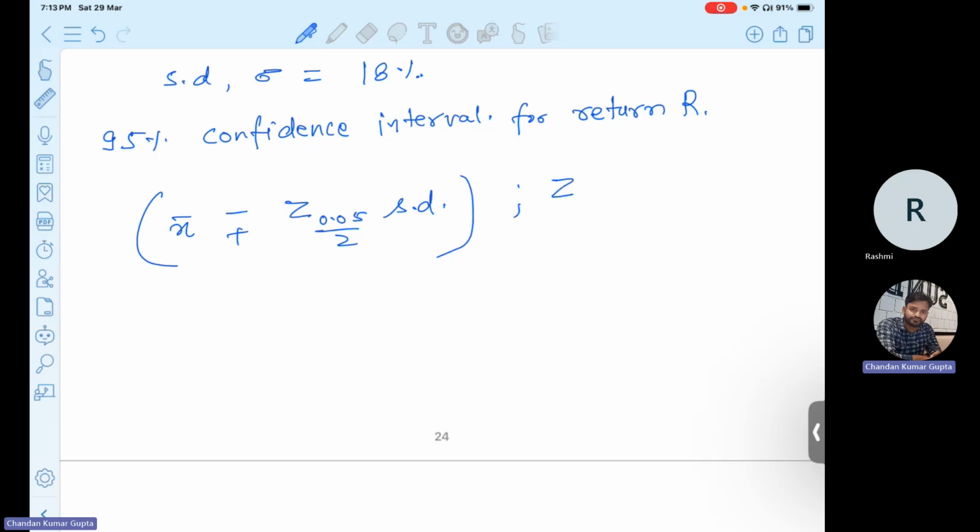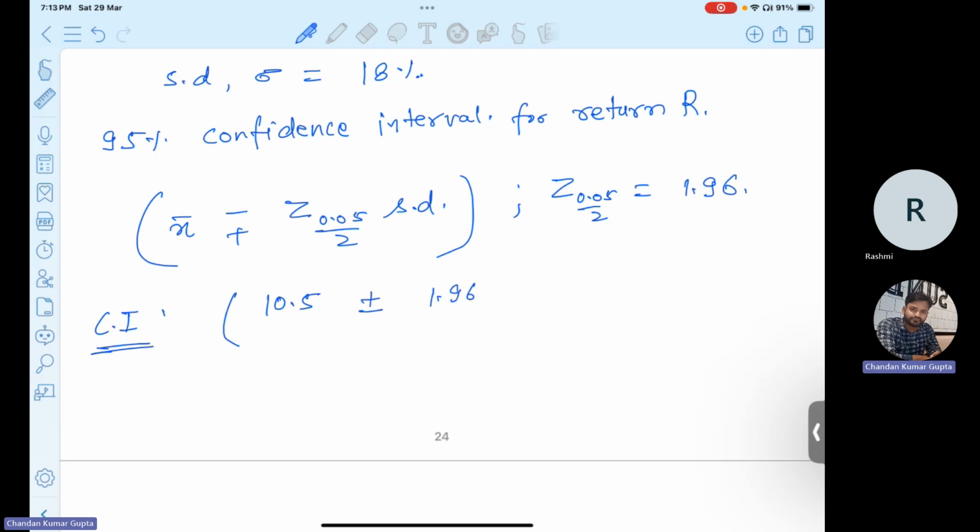Also z 0.05 by 2, the value of this is nothing but 1.96. At the 95% confidence level, the value of z is 1.96. These are already well known. So the confidence interval is 10.5 plus or minus 1.96 into 18, which is 35.28.